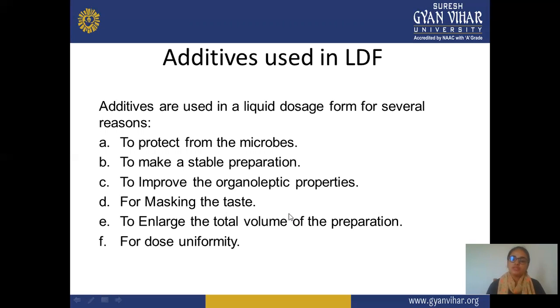So to keep the formulation stable for a longer period, at least for the desired expiry time, you should ensure that it stays in a stable form and does not degrade or change its stability during storage or after coming to market. Some excipients help to form a more stable liquid dosage form.